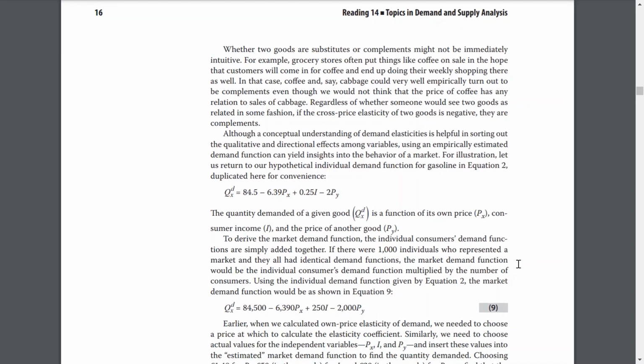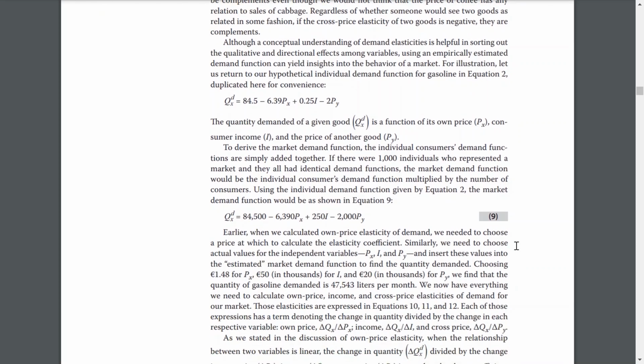The quantity demanded of a given good, QDX, is a function of its own price, PX, consumer income, I, and the price of another good, PY.